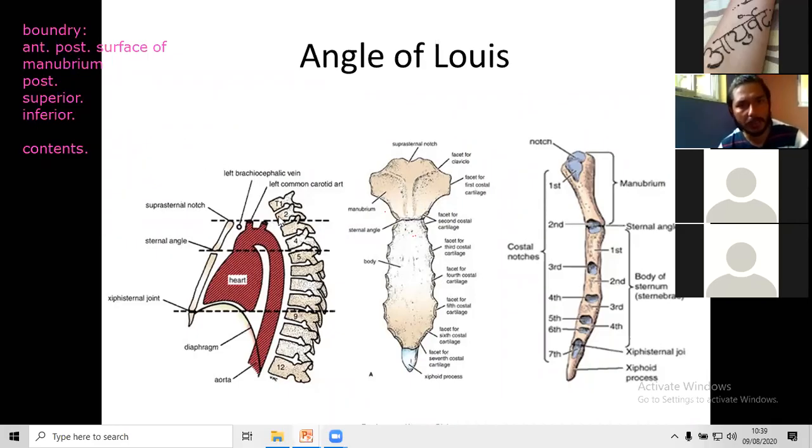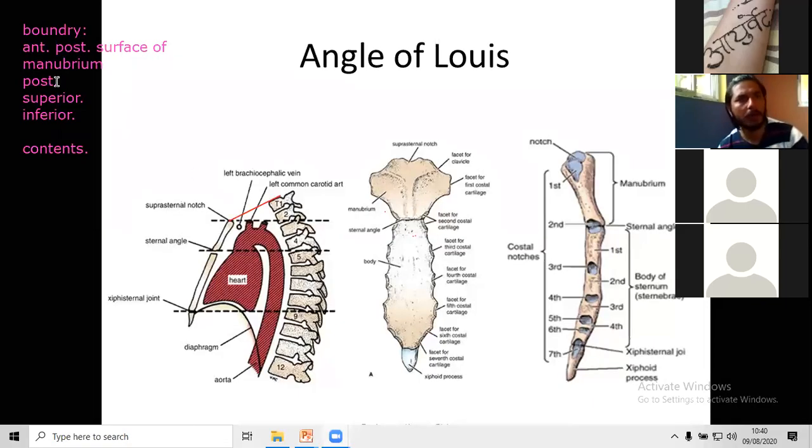Now let's see the posterior boundary. Can you see these vertebrae? 1, 2, 3, 4. Four vertebrae. So the posterior boundary is going to be formed by the vertebrae only. I'll draw one here. So the posterior boundary: thoracic vertebrae 1, 2, 3, 4, and in between each vertebra you will see a piece of cartilage, that is the intervertebral disc.